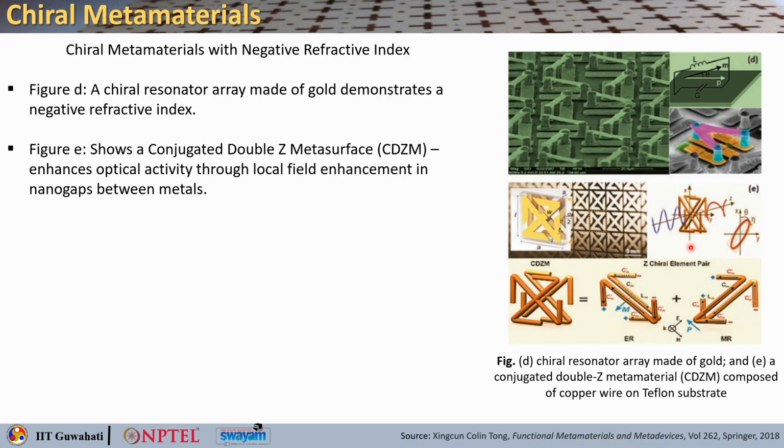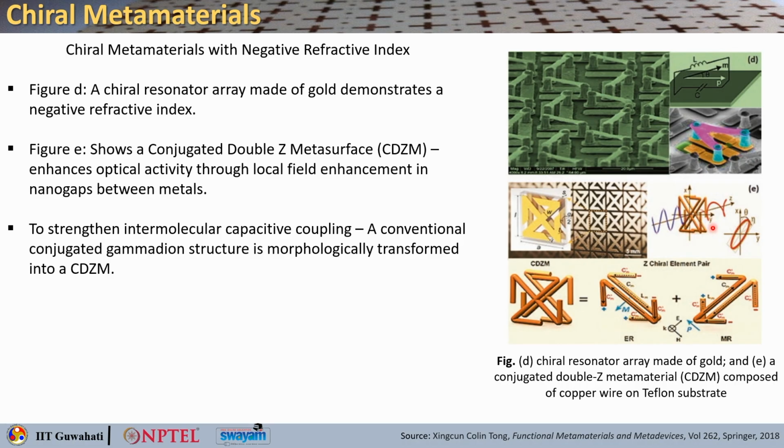So, you will see that they also have a lot of optical activity, and to strengthen the intermolecular capacitive coupling, you can actually use a conventional conjugated gammadion kind of structure that can be morphologically transformed into this kind of conjugated double Z metasurface structure, right.